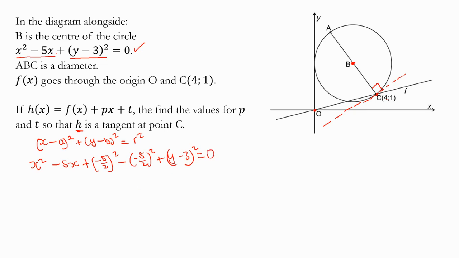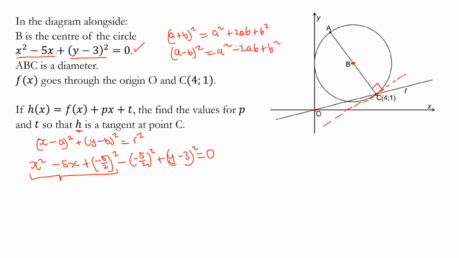You see that? And then we can factorize the first three terms. If you check, these first three terms are actually a perfect square binomial. Remember that (a plus b) squared gives a squared plus 2ab plus b squared, and (a minus b) squared is equal to a squared minus 2ab plus b squared.